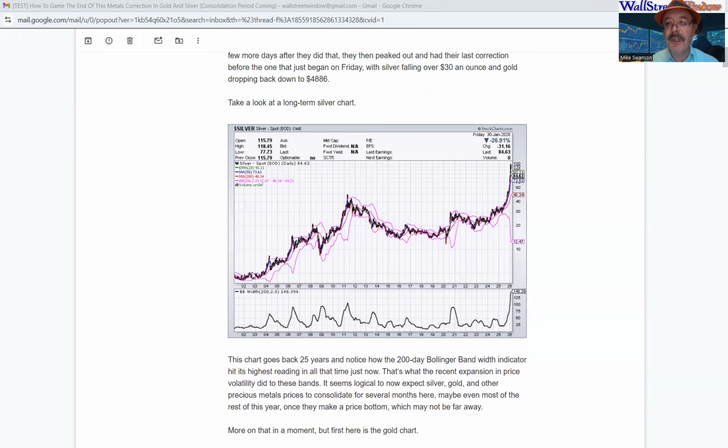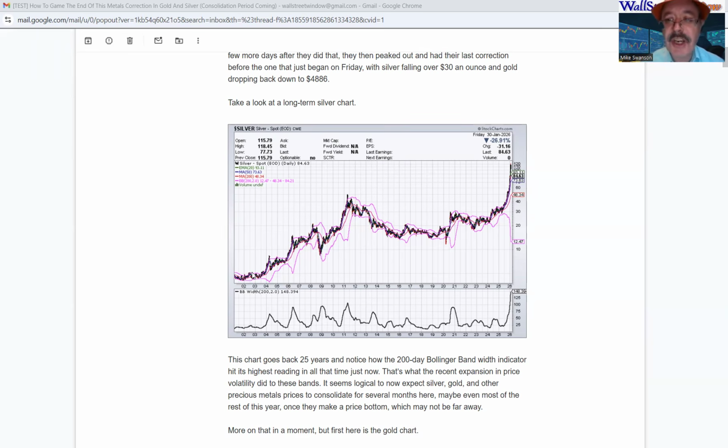But the logical thing to expect, in my view, is that these bands are going to come a little bit together. They're not going to get down to where they were below 50, but they will come a little bit together over the course of the rest of this year. That is another way of saying that we're likely to see a consolidation period in the price, sideways price action to digest all the gains and to stabilize this sell-off that has happened last week.